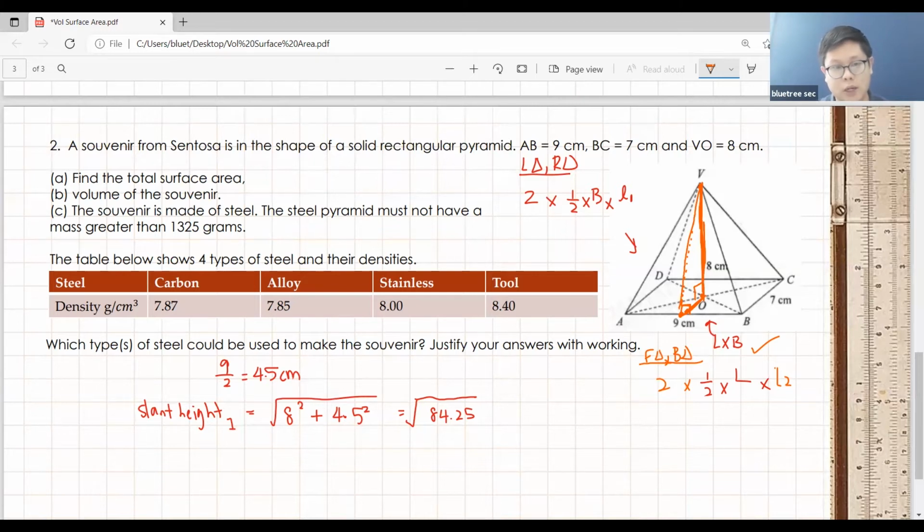Yeah. So to get slant height number 2, again, this is the hypotenuse side. When you do the shortcut in terms of Pythagoras theorem, take note that some stricter schools might expect you to write what kind of theorem you are using. So you might want to say by or using Pythagoras theorem.